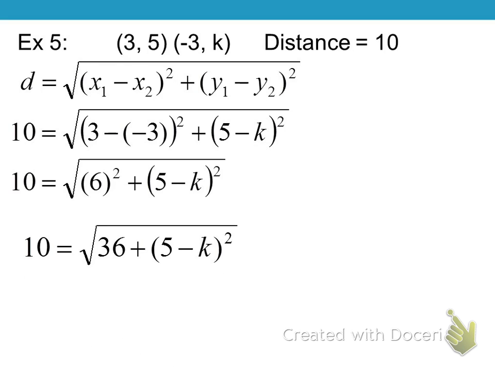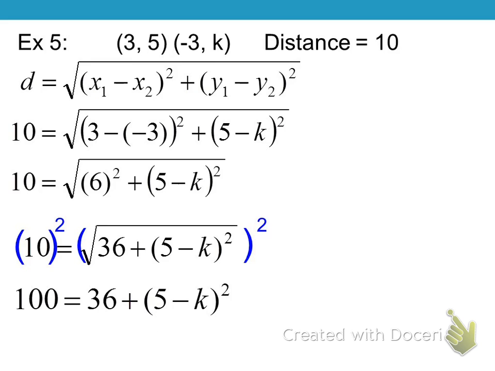All right, 6 squared is 36. Now, I'm going to get rid of that big old square root. How do you get rid of a big old square root? You don't times it by 2. You square it. So you get 100 equals all that stuff that was left under the radical.